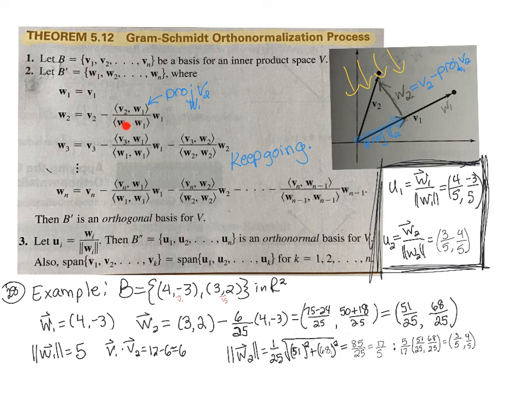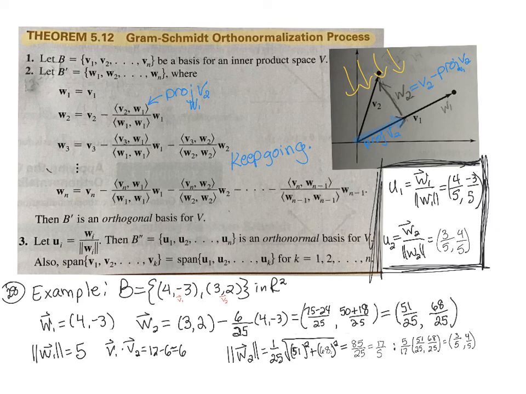This magnitude right here cancels out the magnitude that's in the dot product, because the dot product is magnitude, cosine of the angle, right? So one of the magnitudes is canceled, and you're left with a magnitude of V2 times the cosine of the angle between V2 and W1. See, we just take W1 to be the first vector in our basis.